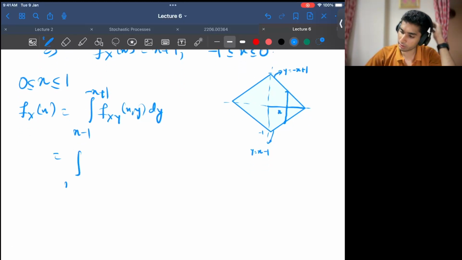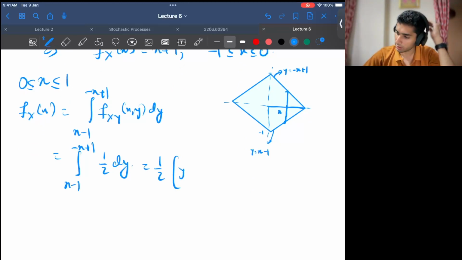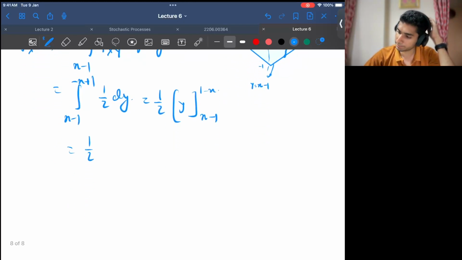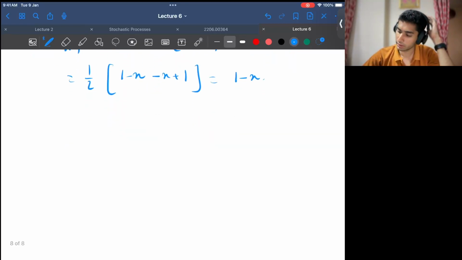So this will be what? Integral of half dy. This is equal to half times y from x minus 1 to 1 minus x. This is half times 1 minus x plus 1. So this is 2 minus 2x over 2, which is 1 minus x, just this thing, right?